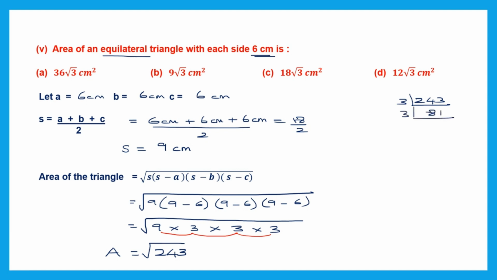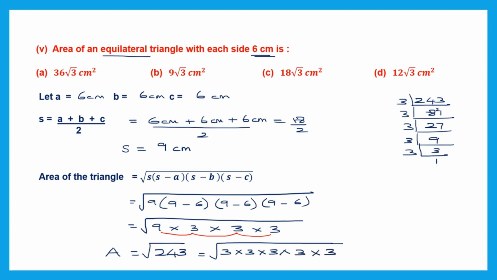Then we again continue. 3 2s are 6, 21, 3 7s are 21. Then we have 3 9s are 27, 3 3s are 9, and 3 1s are 3. So now to find the square root, we are going to put them all together here. There are 5 3s, isn't it? So 3 into 3 into 3 into 3 into 3.